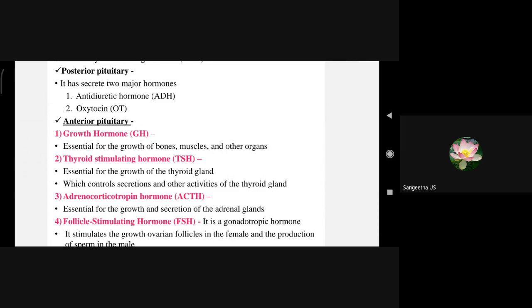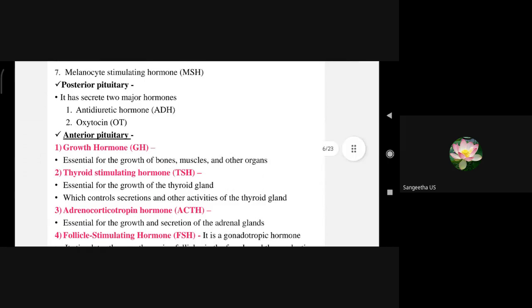When ADH is decreasing, our volume of urine will increase. And that happens in diabetes, right? Now you can understand how the endocrine system is deeply immersed in all the processes, all the diseases of our body. And that is known as diabetes insipidus.